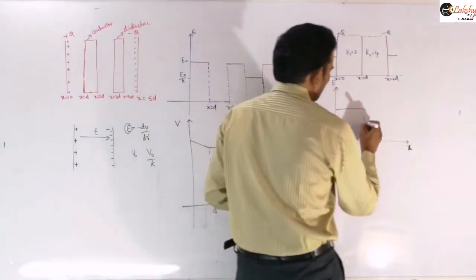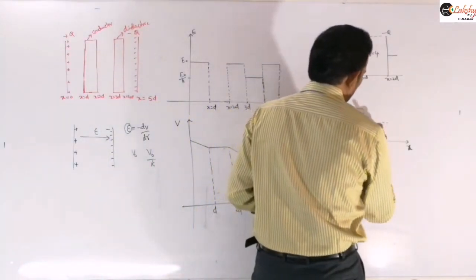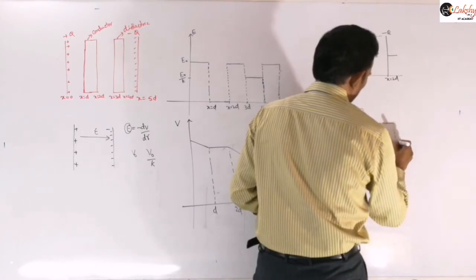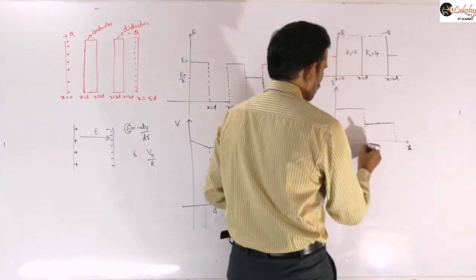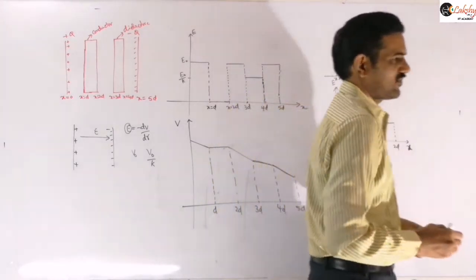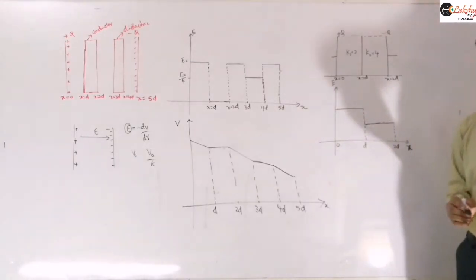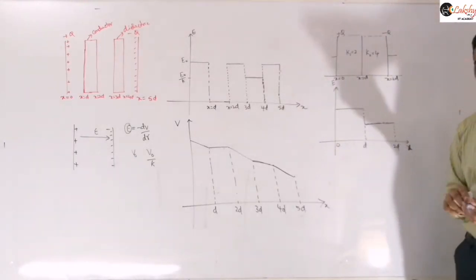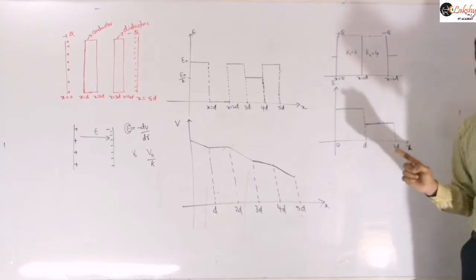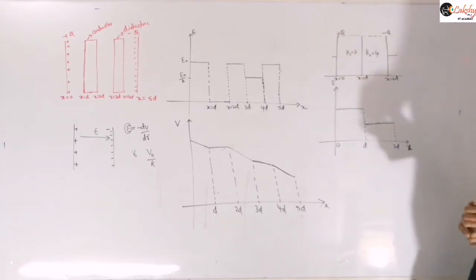So in this region the electric field will be somewhere here, half of this. That is the variation. This is 0, D and 2D, so we just draw the electric field like this. The graph types are also important, so remember how to draw the electric field and how to draw the potential variations.